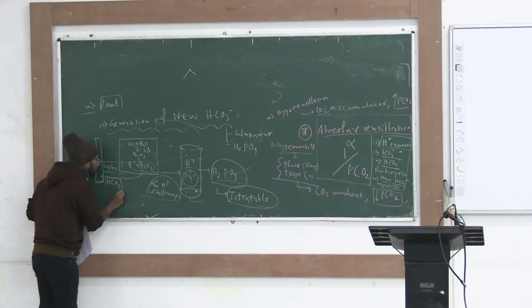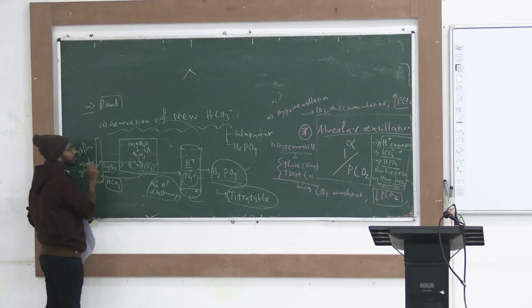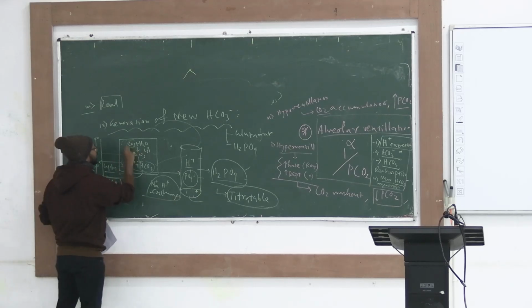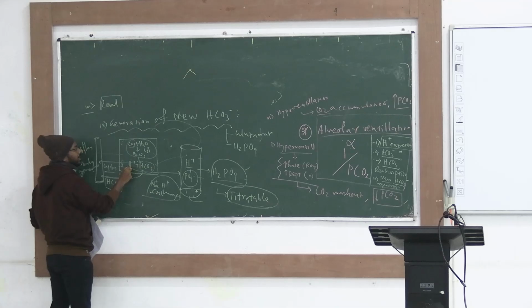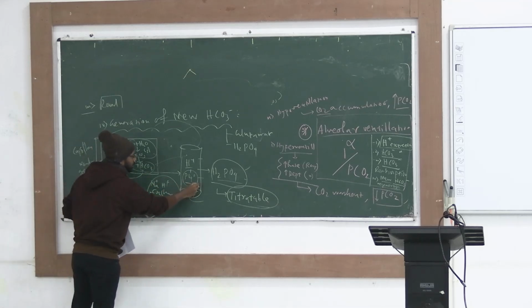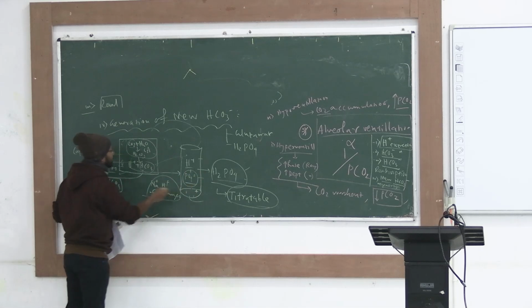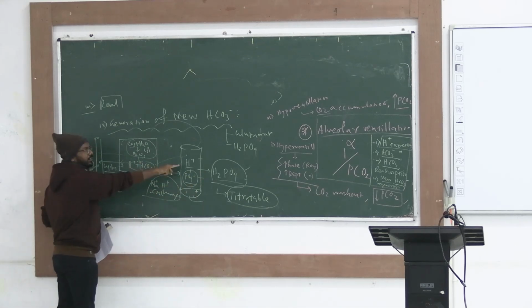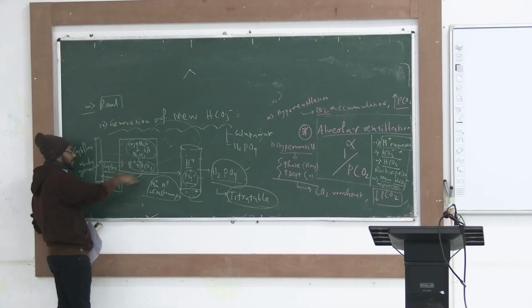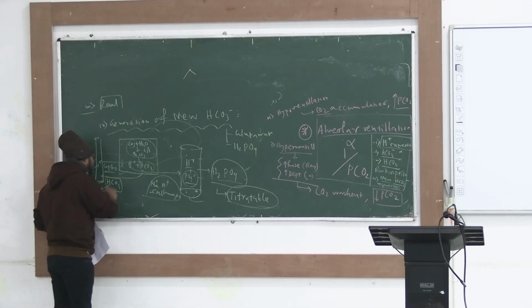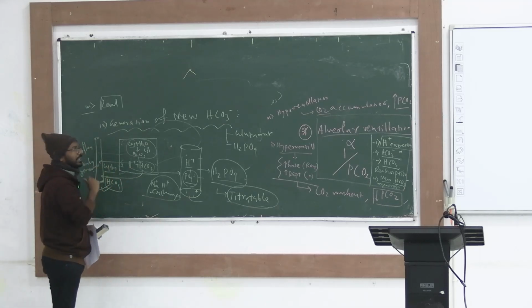So then this bicarb is reabsorbed into the capillary. Here also see, newly generated. Every time this mechanism happens, if the hydrogen is titrated by phosphate, the bicarb has no use there because hydrogen has already been negated. So what will it do? It will be taken back. So that can also be called new generation of bicarbonate.